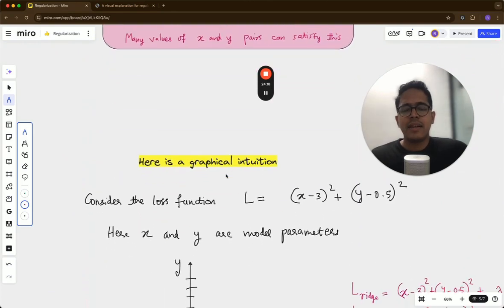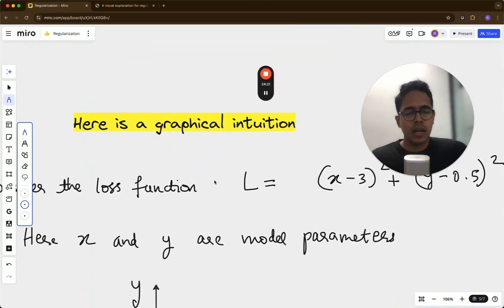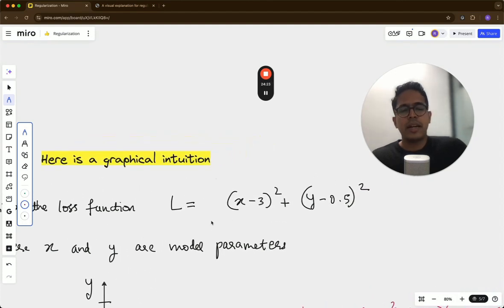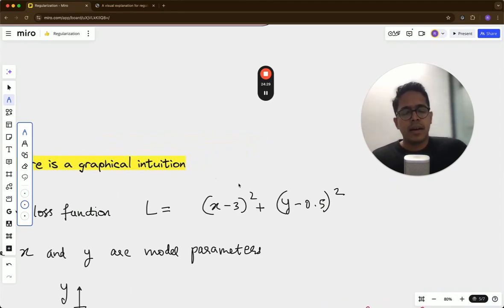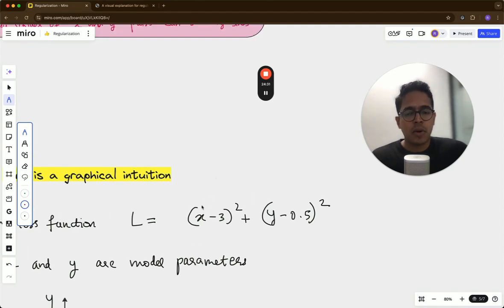For that, first let us assume a loss function. Here I'm assuming a loss function L equal to x minus 3 the whole square plus y minus 0.5 the whole square. Please understand that x and y are model parameters. They are not input-output pairs. These are model parameters like theta 1 and theta 2. Maybe it's better if I write it as theta 1 and theta 2.